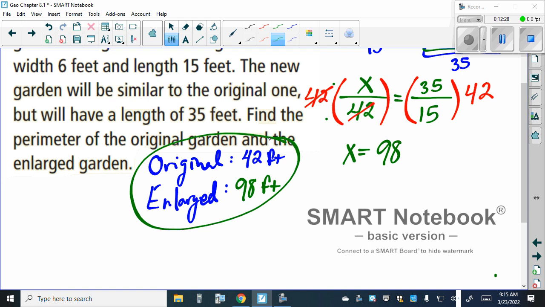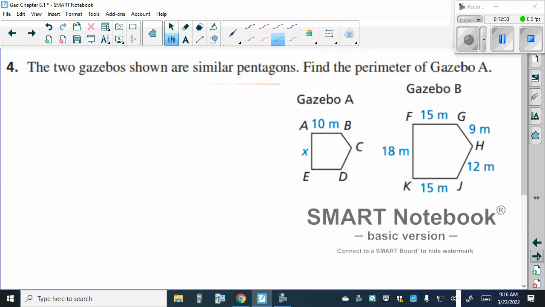Questions on any of this? I feel like y'all are comfortable with this here, yes? Now, to set up the other fraction, what side length would I connect with 10?